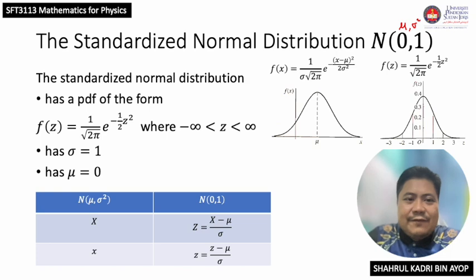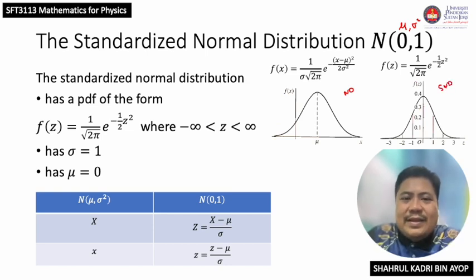What is the feature of this standardized normal distribution? It has a PDF of this form. It looks similar to the normal distribution. So what's the difference? Let's compare. This one is a normal distribution, and the right side is the standardized normal distribution.